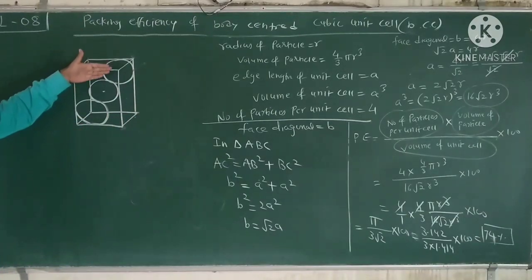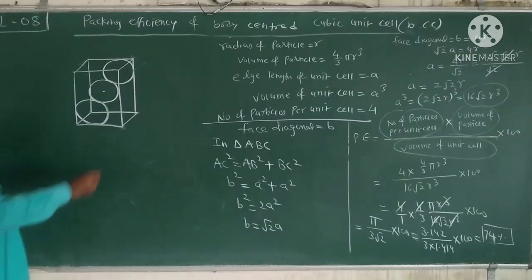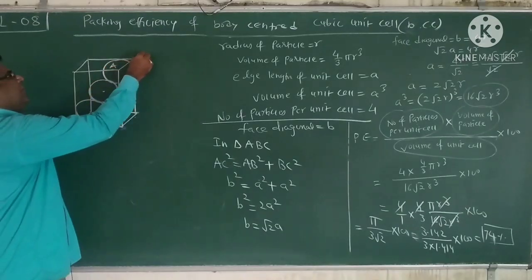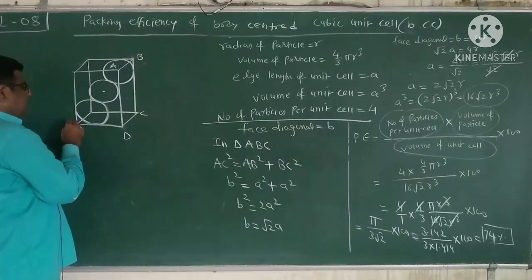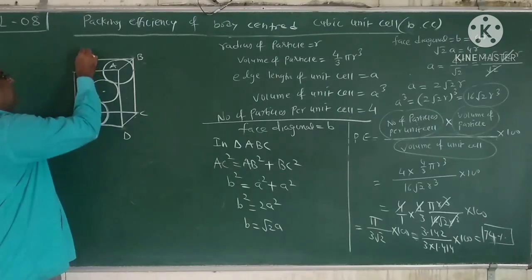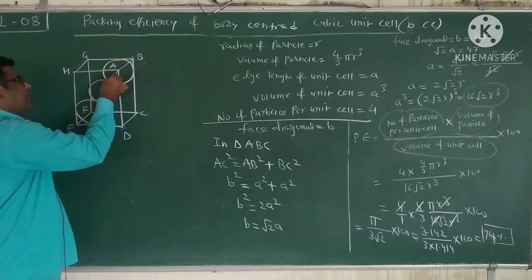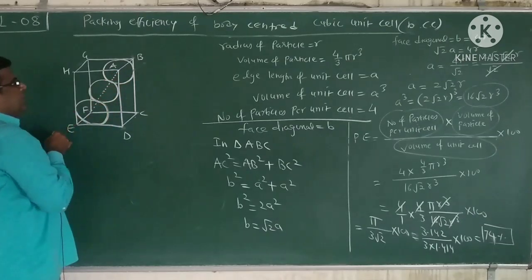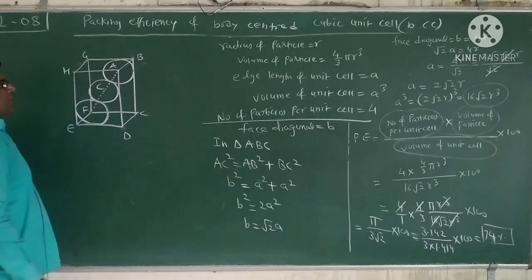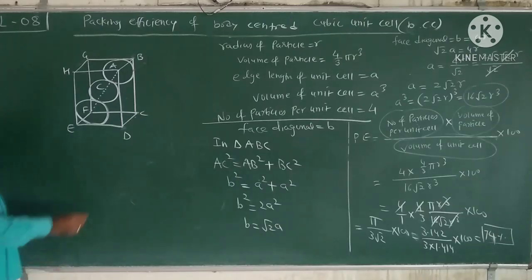So now it is body centered. It is A, B, C, D, E, F, G, H. And then if I connect this, I write C, which is the body diagonal.